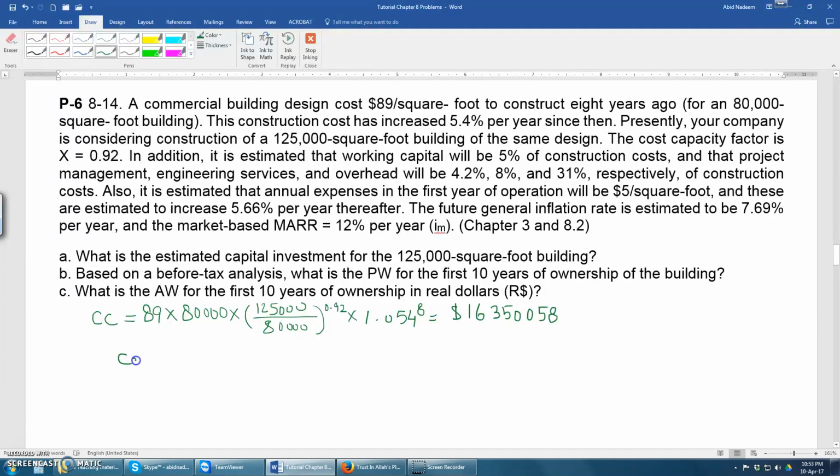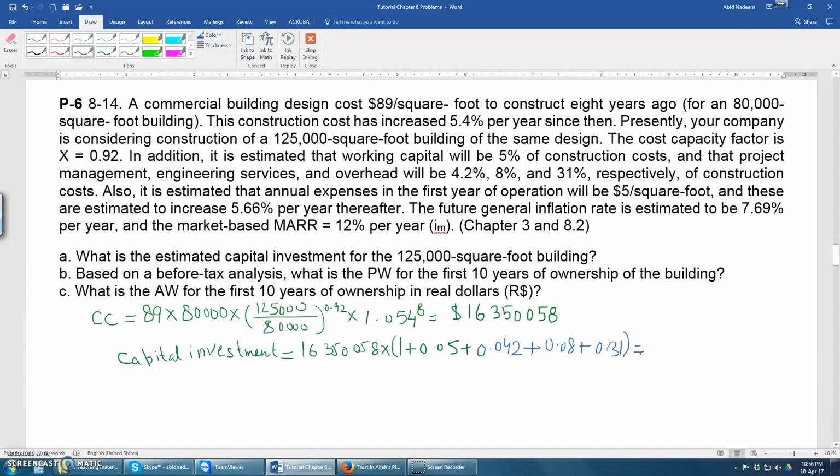the capital investment. The capital investment will be this cost, $16,350,058, multiplied by 1 plus 5% for the working capital, and 4.2%, that is 0.042, for the project management, engineering services 8%, and the last one, the overhead, is 31%.